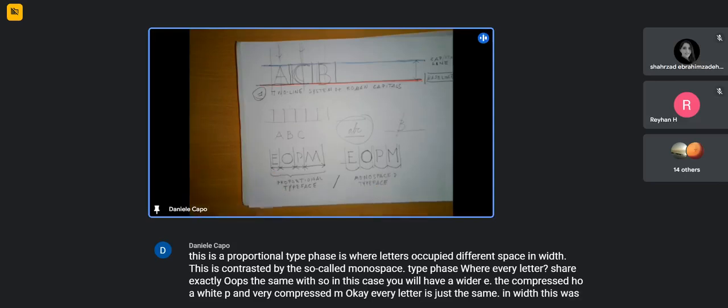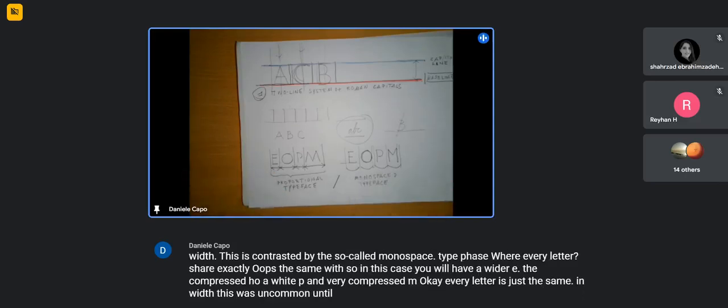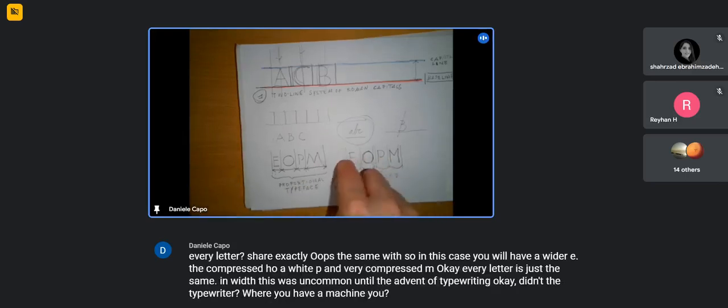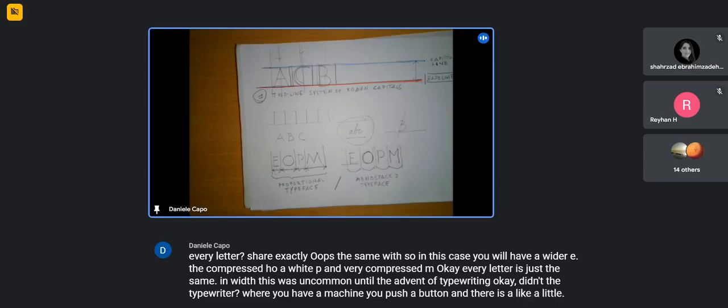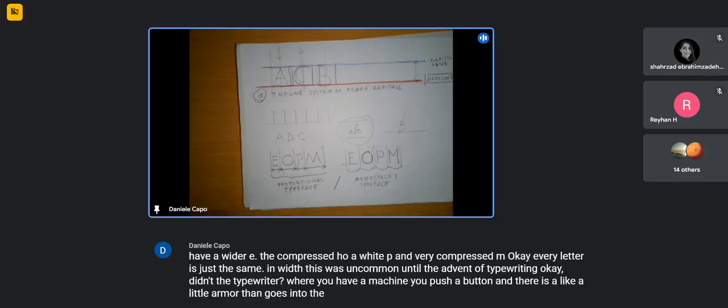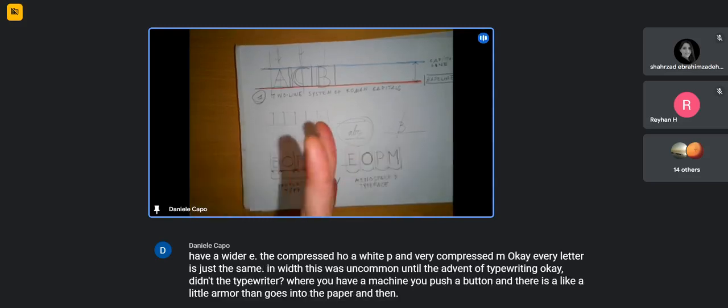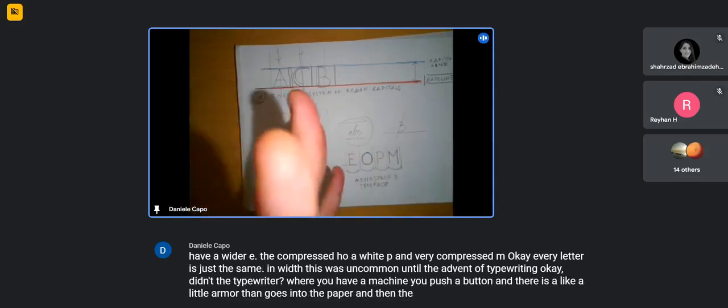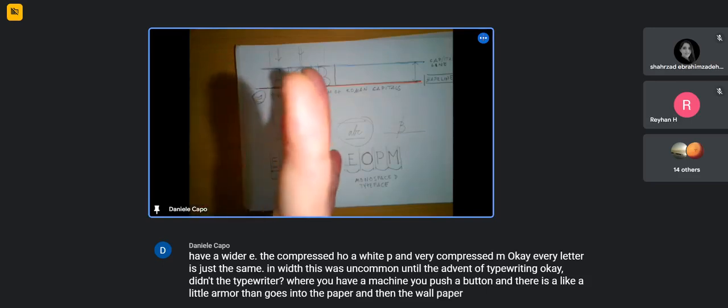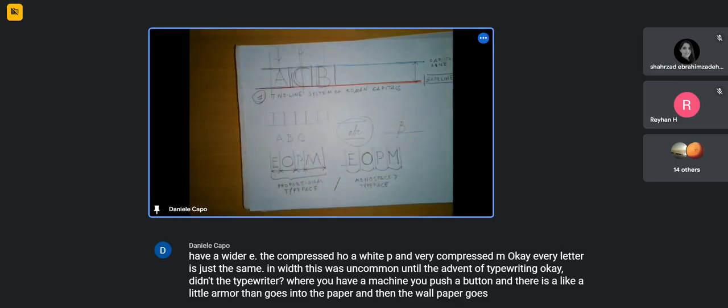This was uncommon until the advent of typewriting, okay, the typewriter, where you have a machine, you push a button, and there is like a little hammer that goes into the paper, and then the whole paper advances of a fixed length.